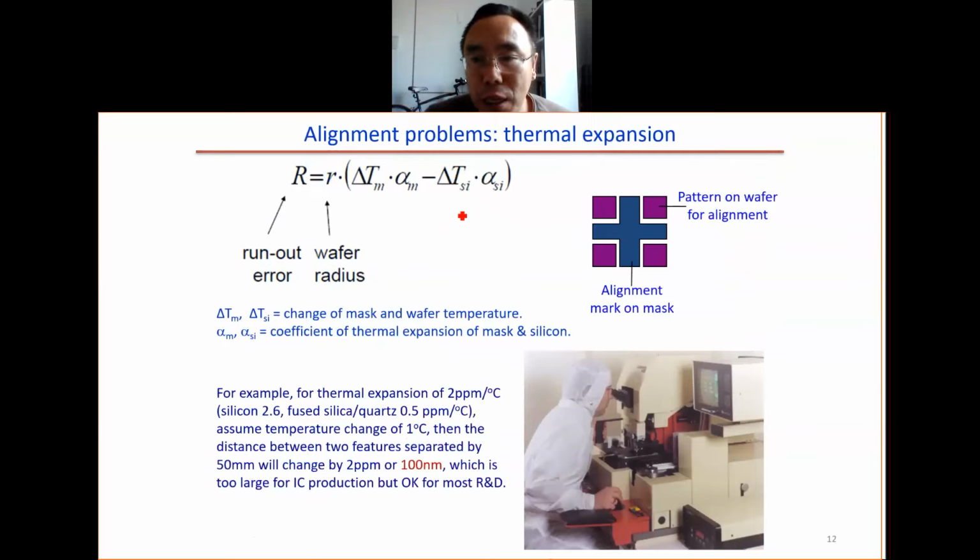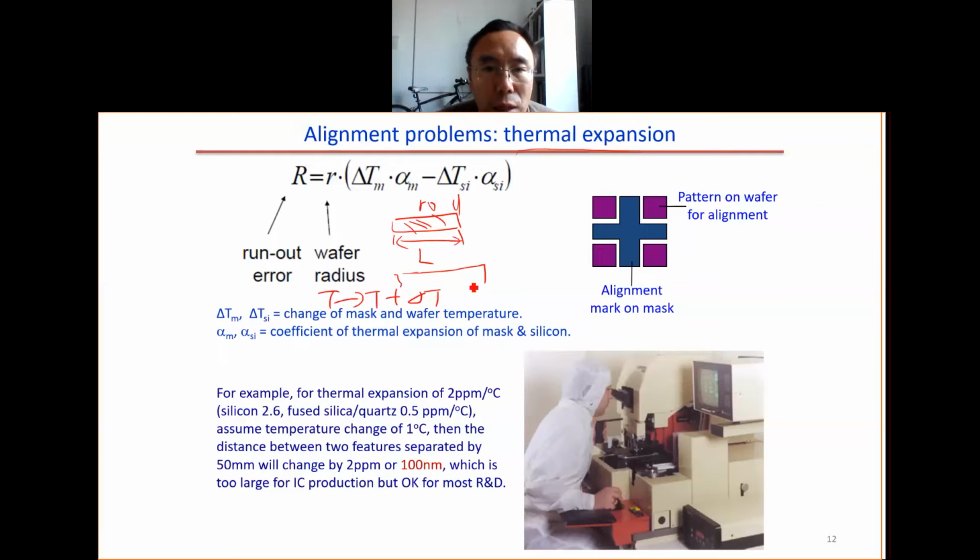One problem with alignment is thermal expansion. For example, if we have a rod with length L, when the temperature increases, the rod will become longer. So when we have higher temperature, it will expand by ΔL, where ΔL equals αLΔT.